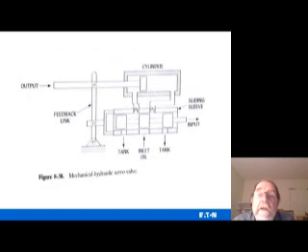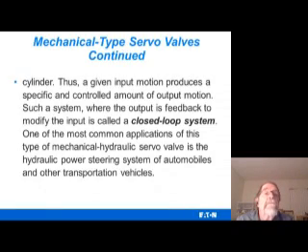See how it moves that piston back and forth. Thus, a given input motion produces a specific and controlled amount of output motion. Such a system where the output is fed back to modify the input is called a closed-loop system.